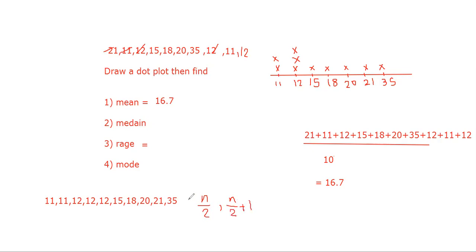I have 10 numbers, right? Then we are going to say 10 divided by 2. It will be equal to how many? It will be equal to 5, right? So we said n divided by 2 and n divided by 2 plus 1, which means 5. And then the next, it will be 6.